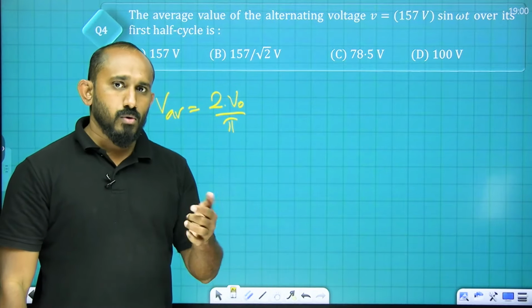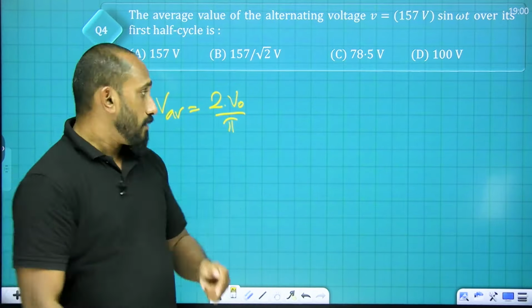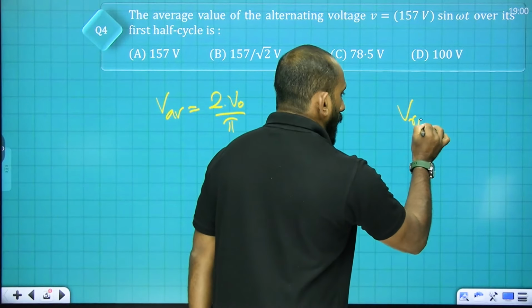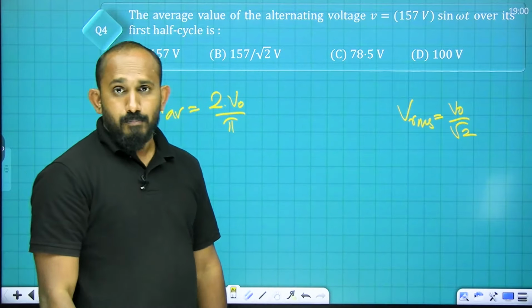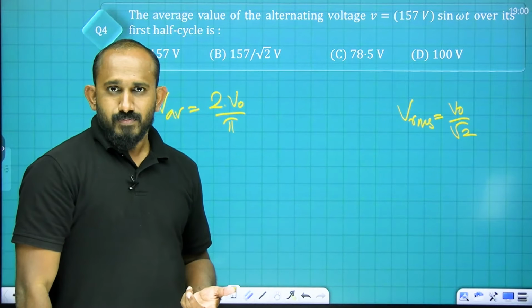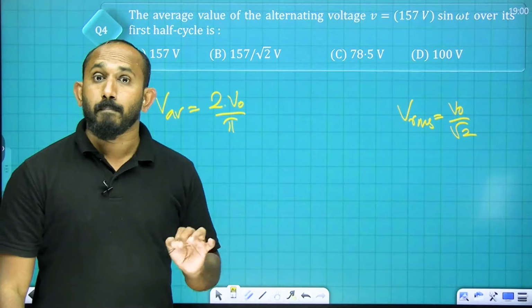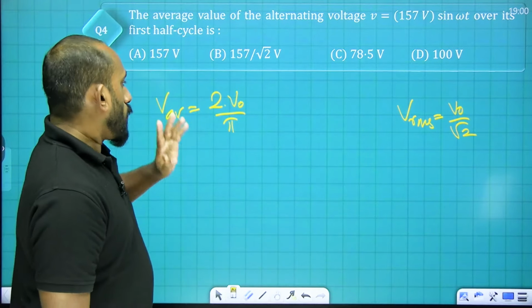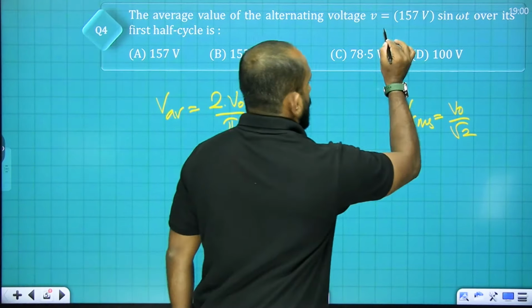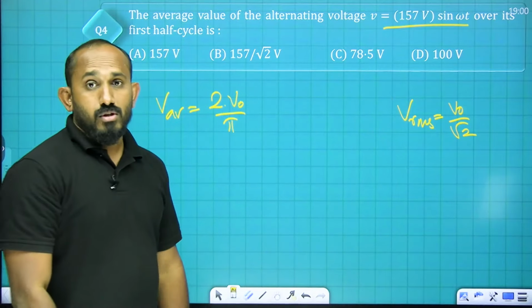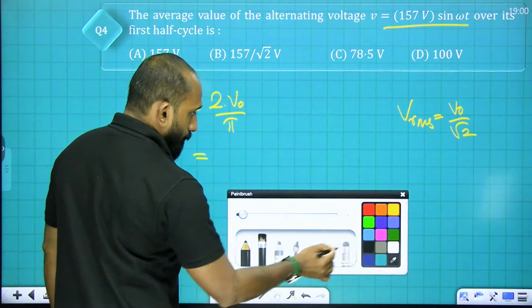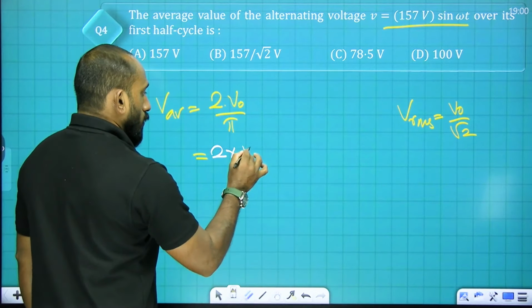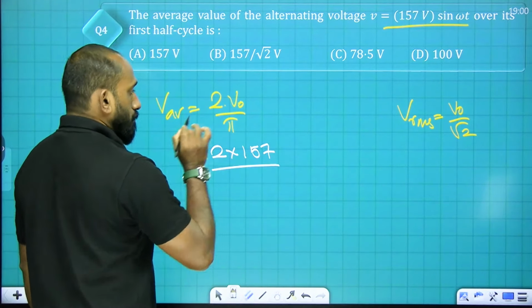You know the average value, then the RMS value we have. VRMS, you remember? VRMS is equal to V0 by root 2, peak value by root 2. So average is 2 into V0 by pi. Now here see, what is V0? If you compare with this equation, V0 is 157. So this is equal to 2 into 157 divided by pi.